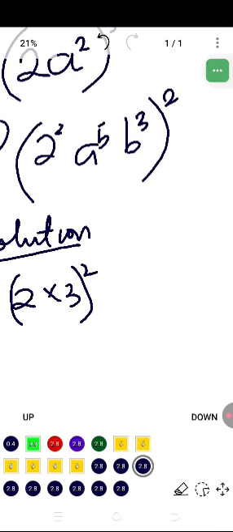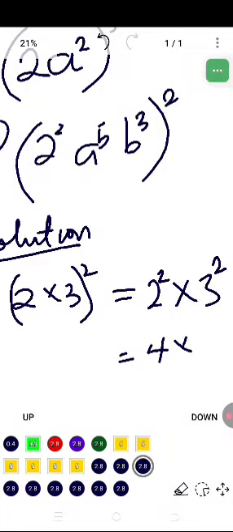This will eventually give us 2 raised to power 2 times 3 raised to power 2. That is equal to 4 times 9, which is equal to 36.